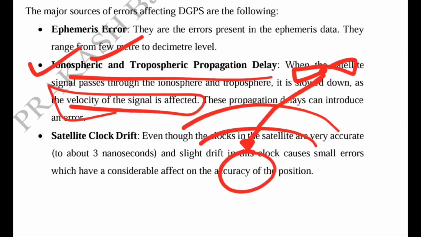And we already know this speed or velocity of the signal is very important to be precise for our position calculation, because with the help of this time information we calculate the distance between the receiver and satellites. So if this time information is wrong, then it obviously introduces error into the GPS calculation, or the distance calculation between the receiver and satellite, which affects the position calculation of the GPS.